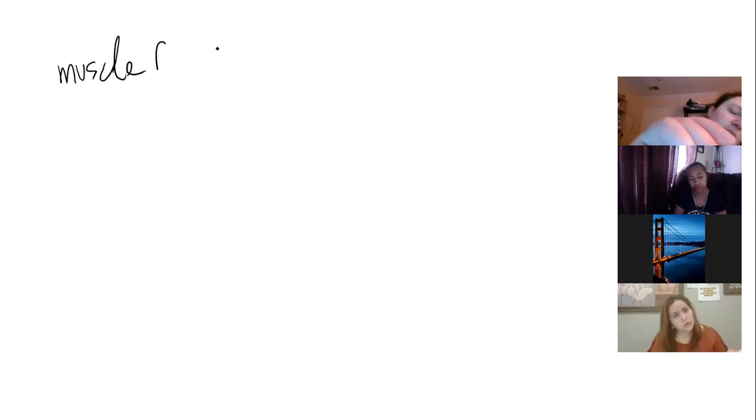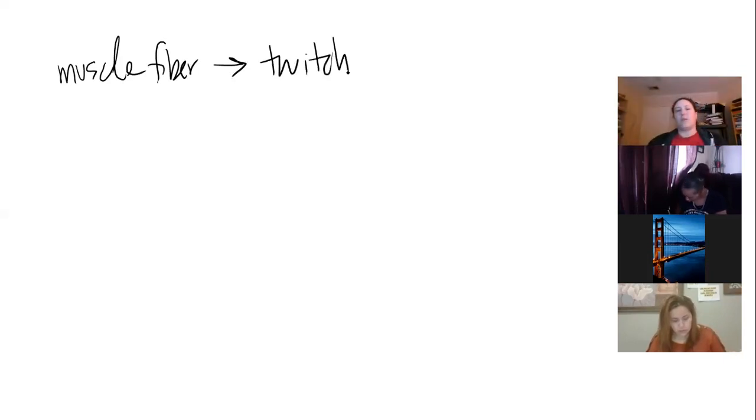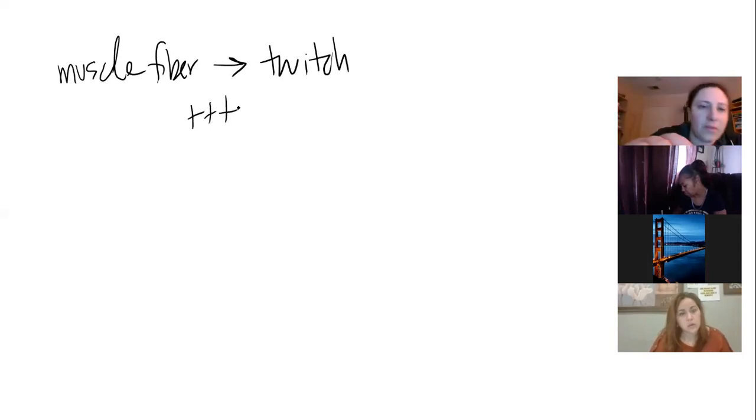And we know that when a muscle fiber is stimulated, we get a muscle twitch. So we can get one twitch per stimulation, but we know that if we keep stimulating, we're going to get an accumulation of twitches.